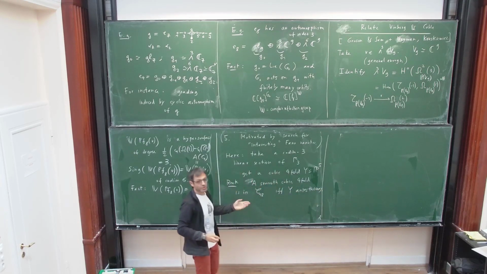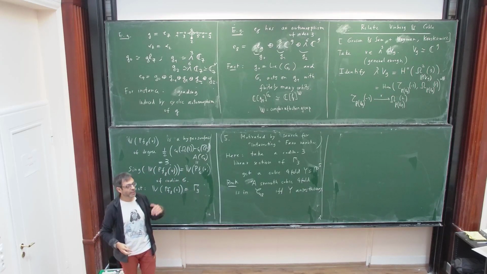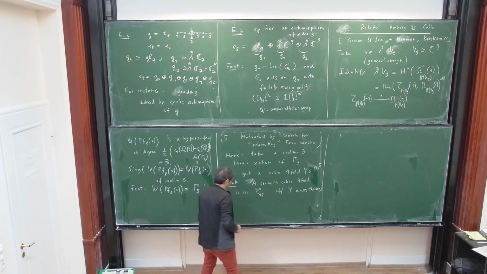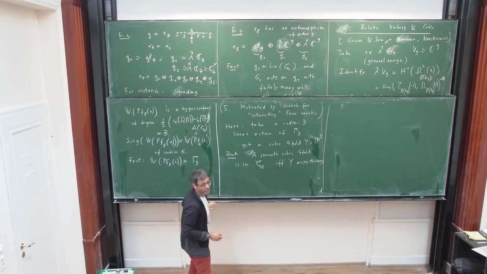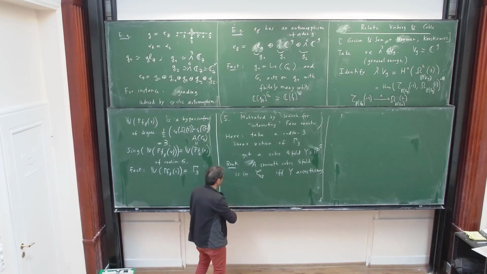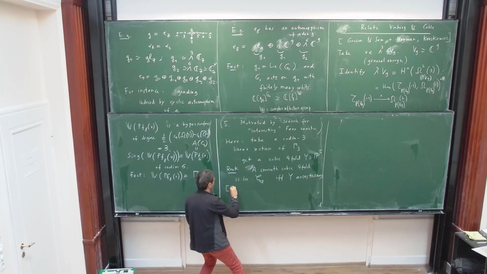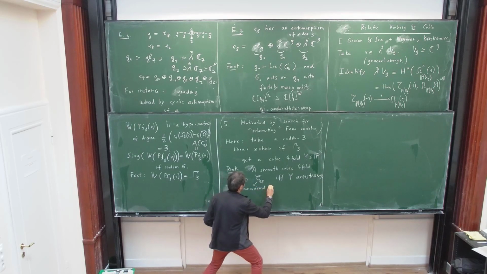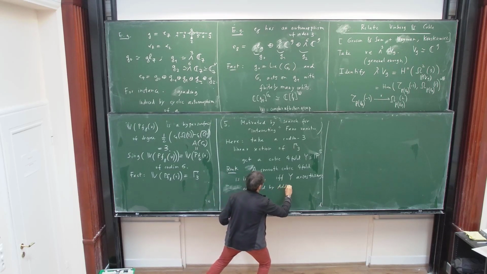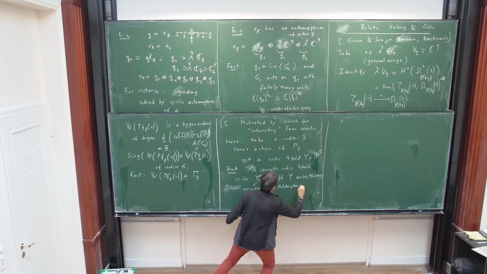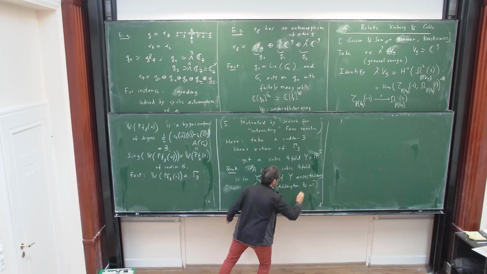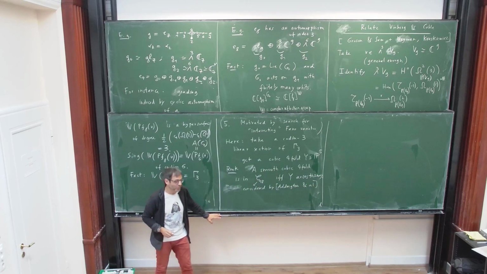So the C18 consists of cubics which are linear sections of the Coble cubic. C18 was considered by Addington, Farkas, Verra.